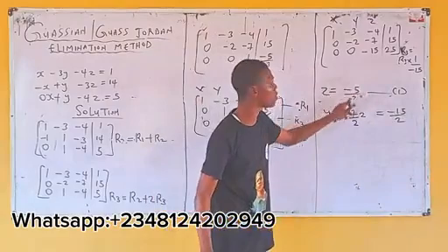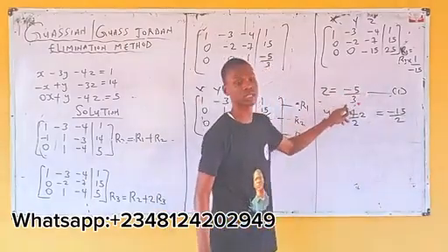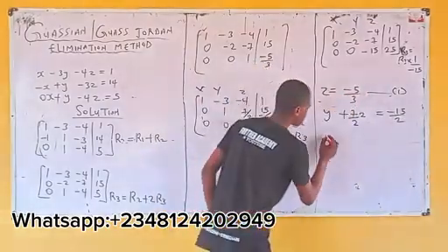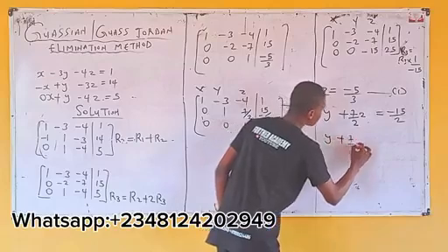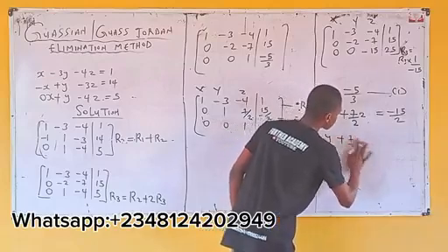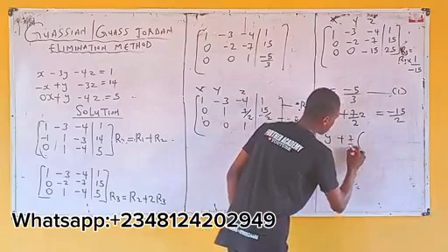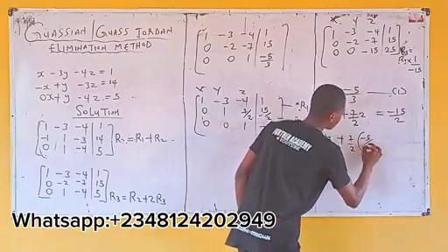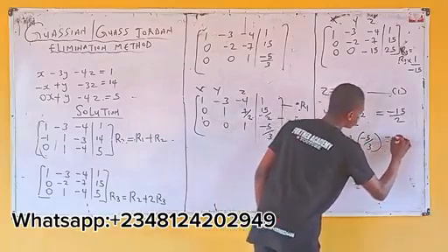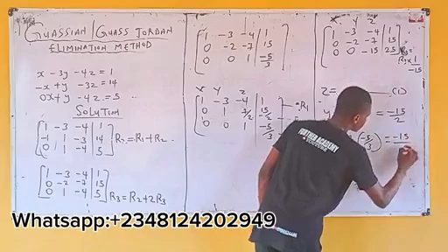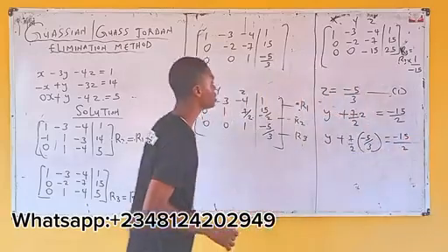And we already know the value of z to be what? Negative 5 over 3. Let's substitute. Meaning that y plus 7 over 2 all into bracket minus 5 over 3 is equal to negative 15 over 2. Right?